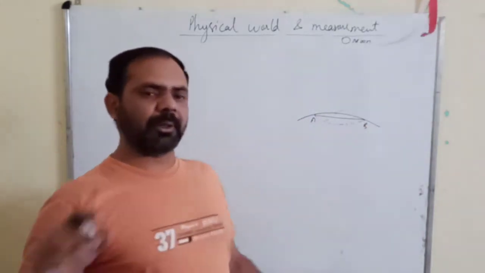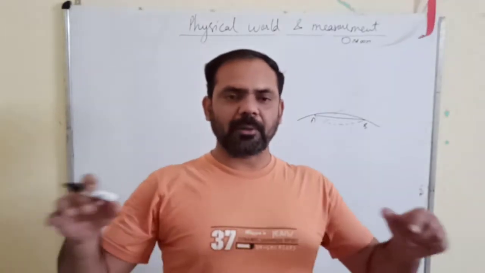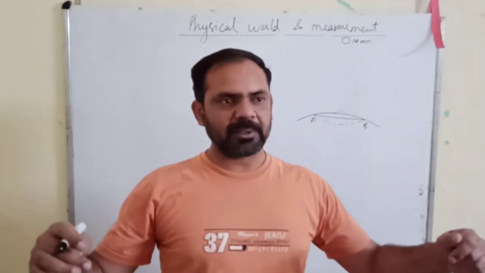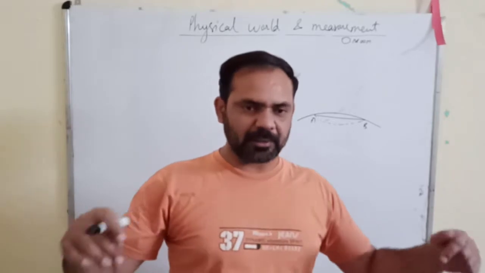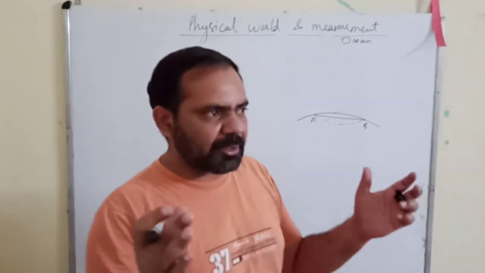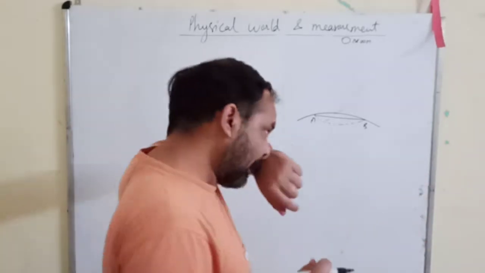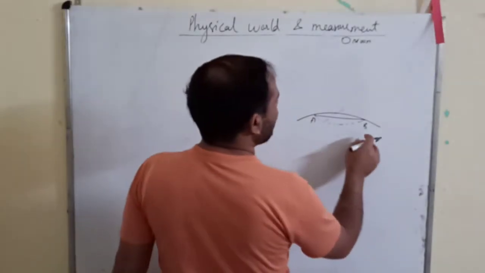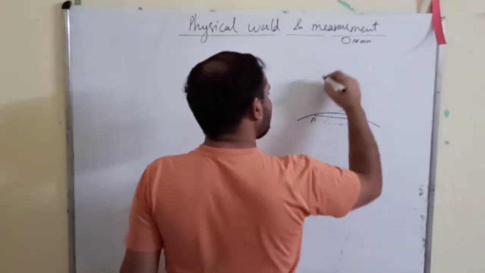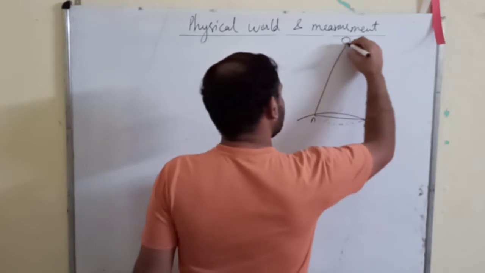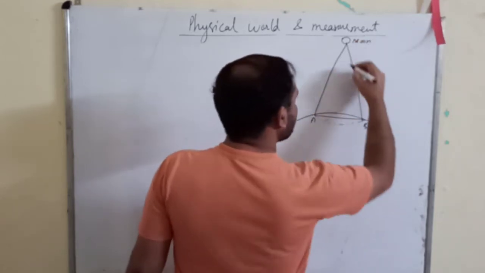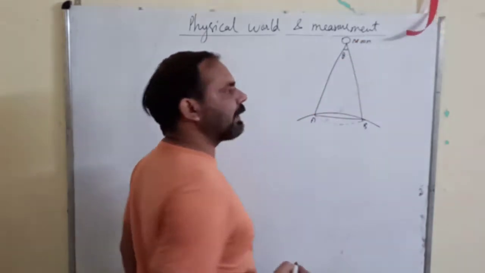It means you choose 2 points at an appropriate distance, the points should not be very close, right? From these 2 points we look at the moon and we find this angle theta.